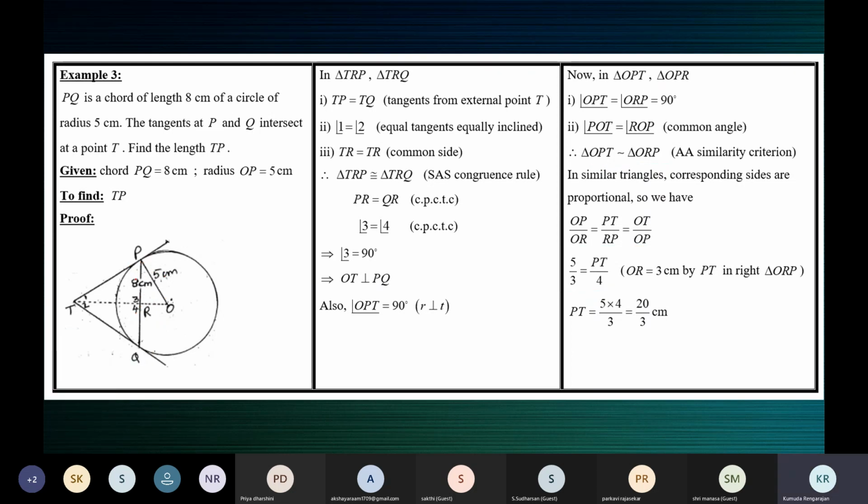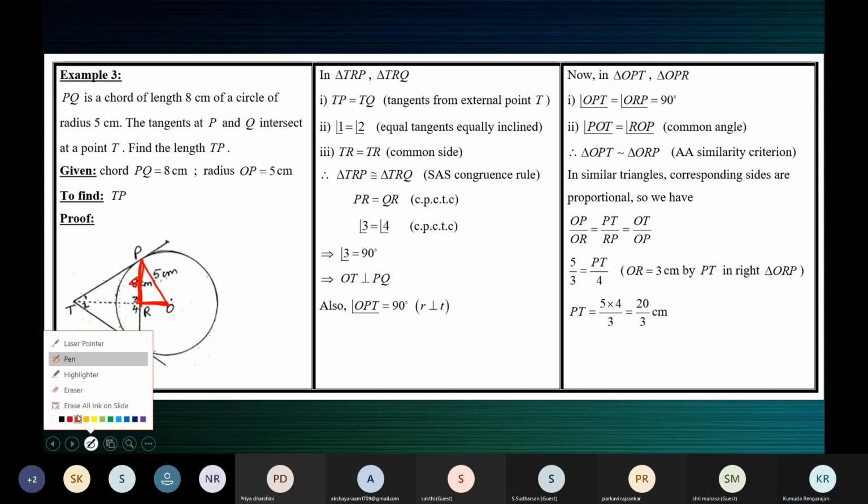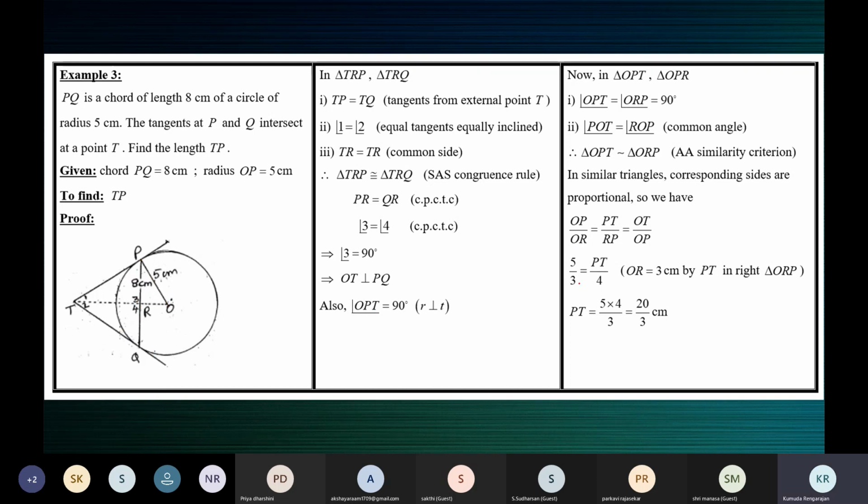Because this is 5 and this one will be 4. This is 4, this is 5. So by Pythagoras theorem, this is 3. That's all. Write the proportion, fill the values, and you find that PT is 20 by 3 centimeters.